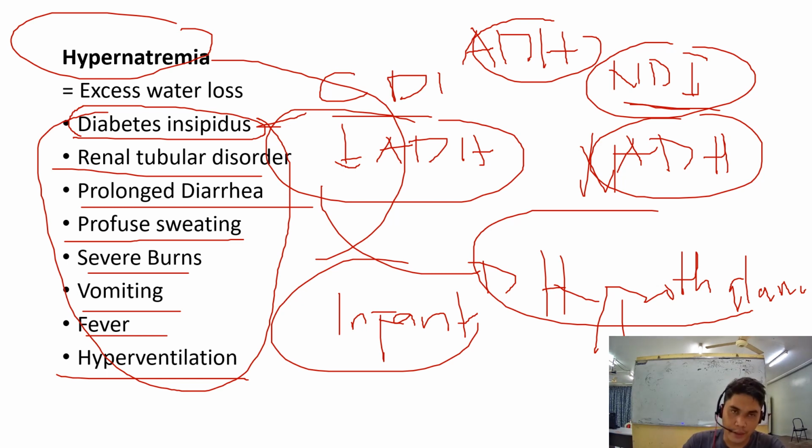So hypernatremia is not that common in a person with a functioning hypothalamus, or a person who is able to drink water. For hypernatremia, the cause is excessive water loss, so you just need to replace it by drinking water.